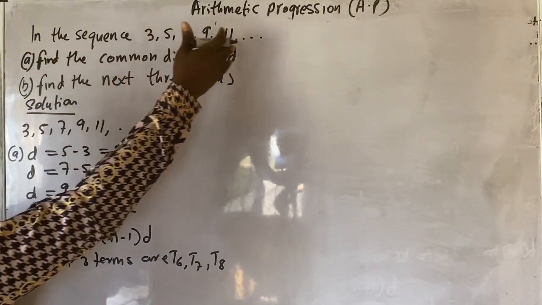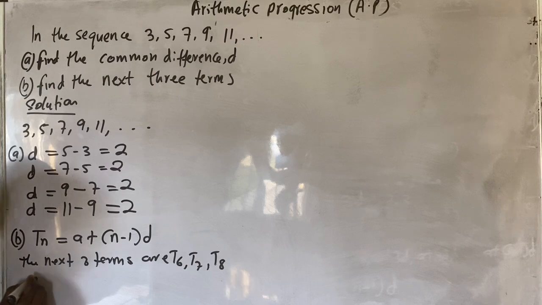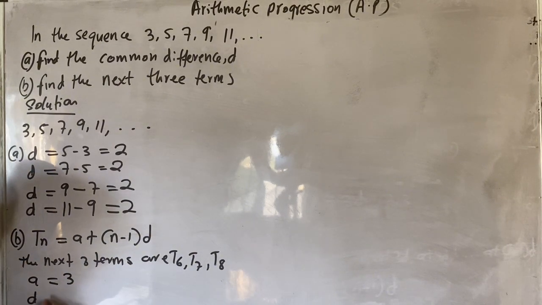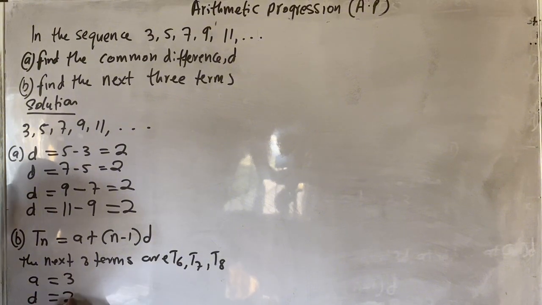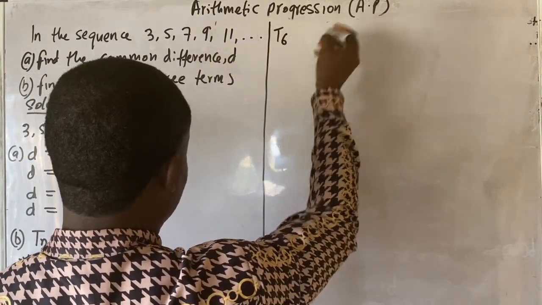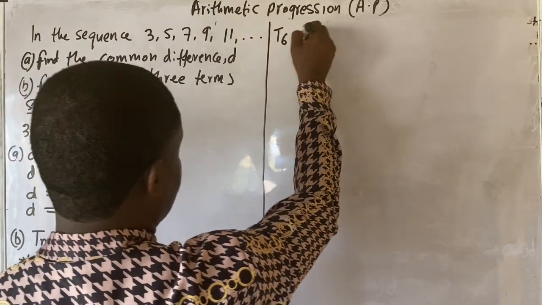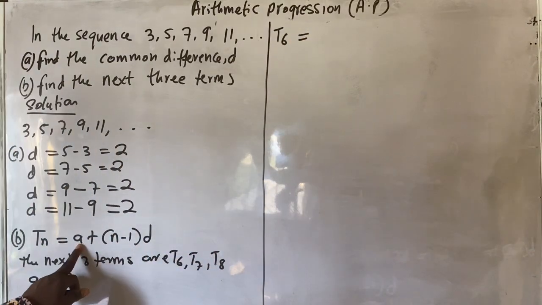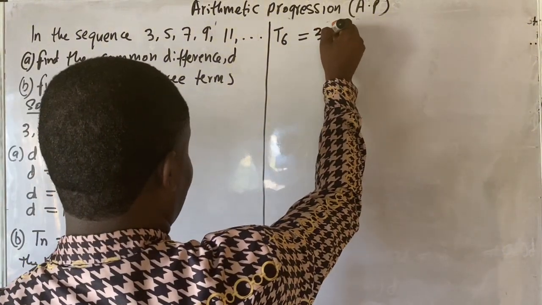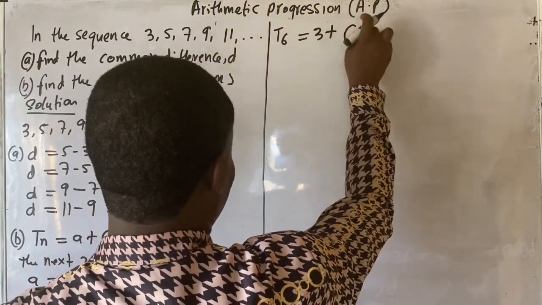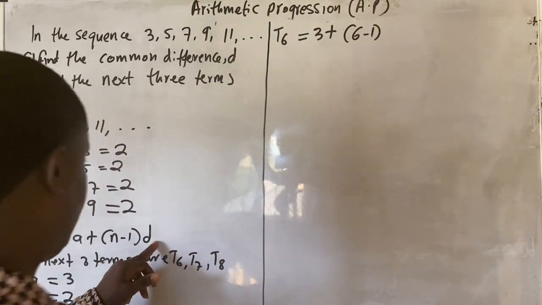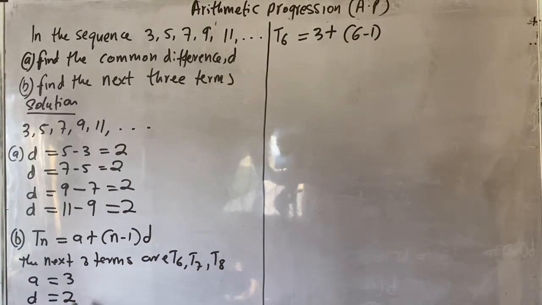From the sequence we are given, our first term, A, is equal to 3, and our common difference, D, is equal to 2. So our T6, which is the next term, will be equal to A, the first term, 3, plus our n, which is 6, minus 1, times the common difference, which is 2.